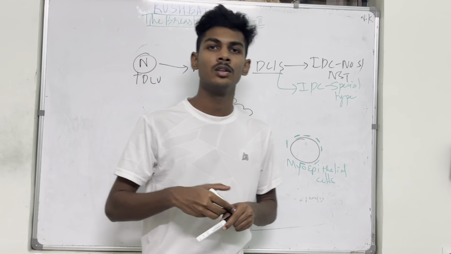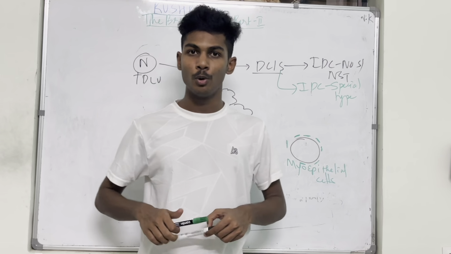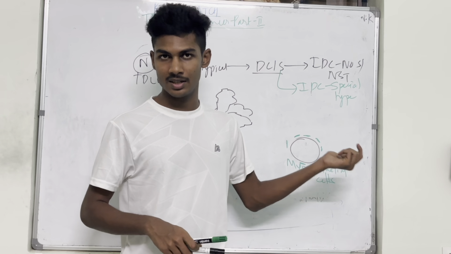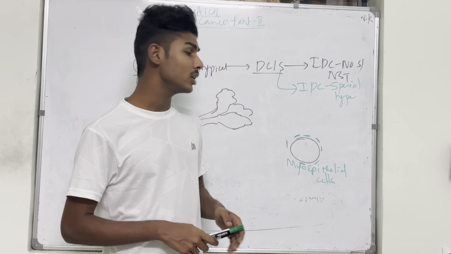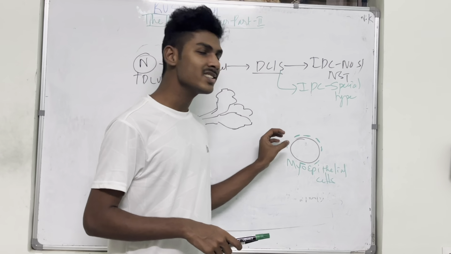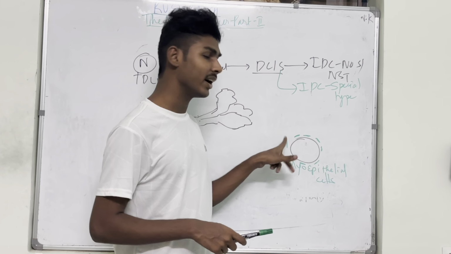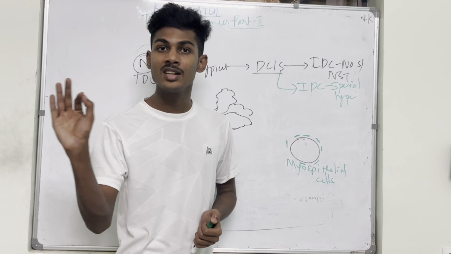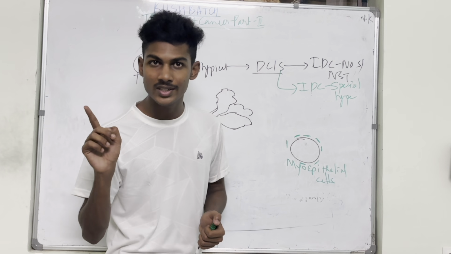For a cancer to invade in the breast, it has to cross these myoepithelial cells, right? If the myoepithelial cell is preserved and the cancer is inside this duct, can I say that the cancer has not metastasized? Are you understanding the point?